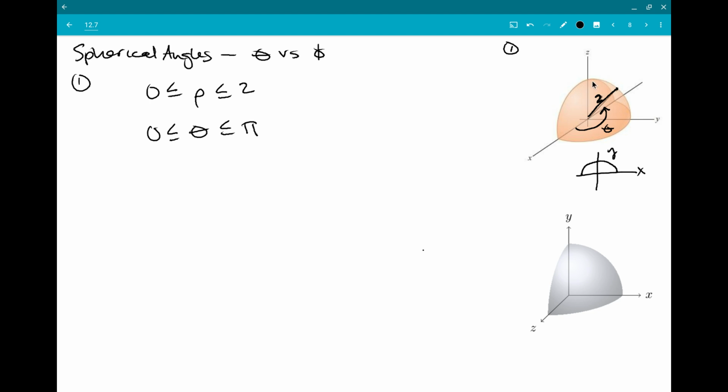And then our phi we define from the positive z-axis spinning down towards the xy plane. Somehow these arrows make it look less like a circle every time I add one, but I don't know a better way to do this.